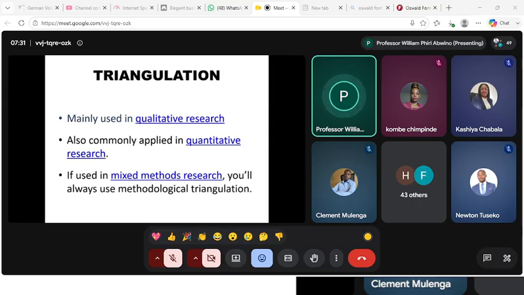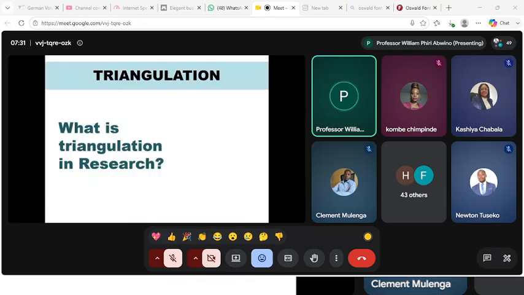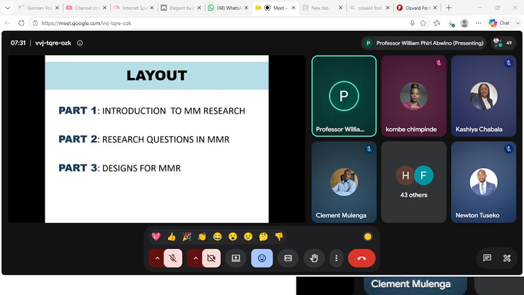Okay, so when you see MMR, we mean mixed methods research. Okay, if you go up here, just check. Have you seen this? If we say MMR, that is mixed methods research.